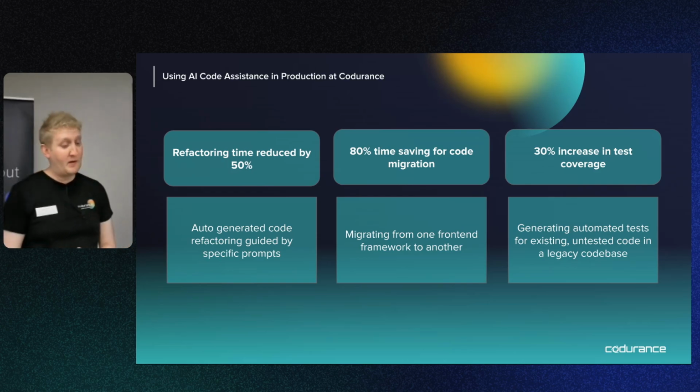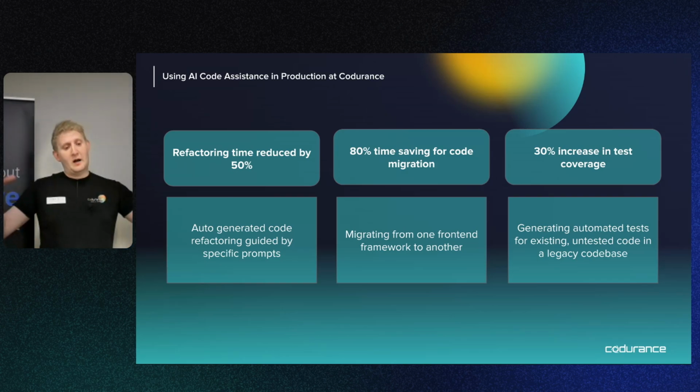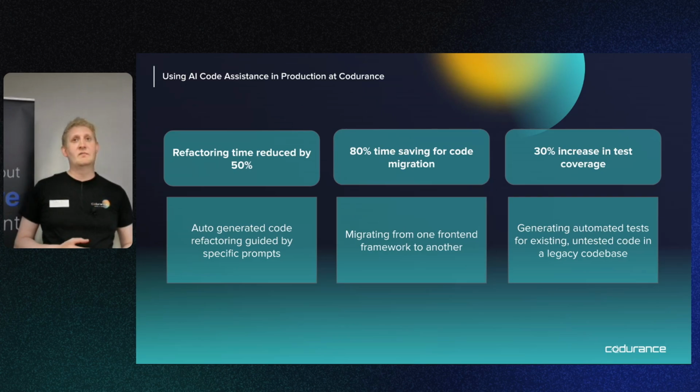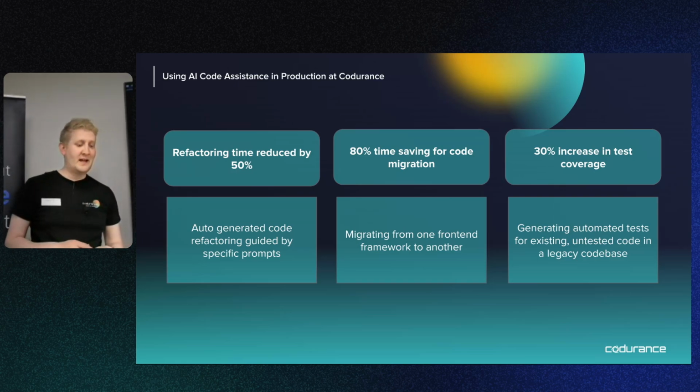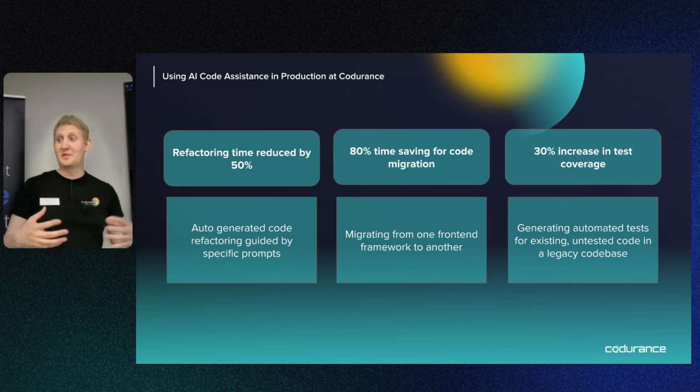Then the very last one is we had a client with a very large, complex code base that hadn't been written test-driven from the outset. So there was lots of code that wasn't covered by tests. And adding tests for code that wasn't tested is often quite a difficult, complex and time-consuming thing to do.